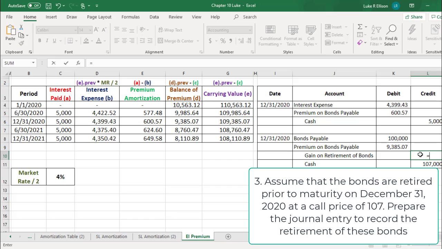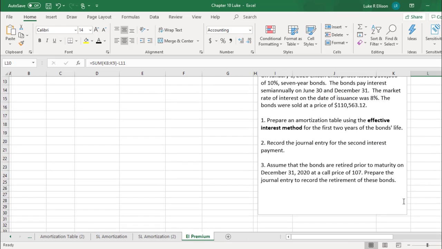And the way you're going to find this is you're going to take the sum total of all of the debits and subtract the sum total of all the credits. Well, there's just one, it's the cash at $107,000. And you will get a balance for the gain on retirement of bonds of $2,385.07. Alright, we are finished with all three parts.